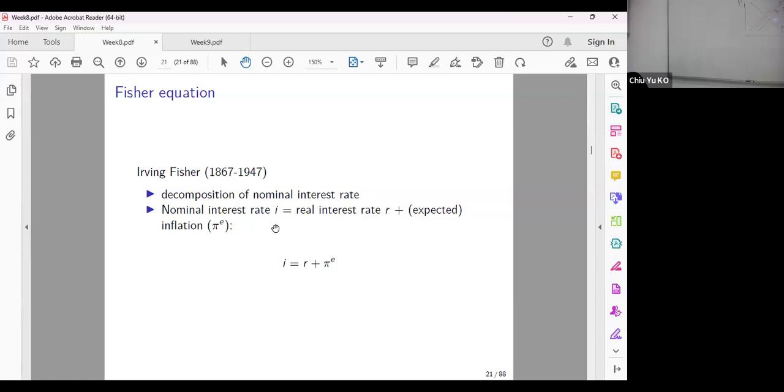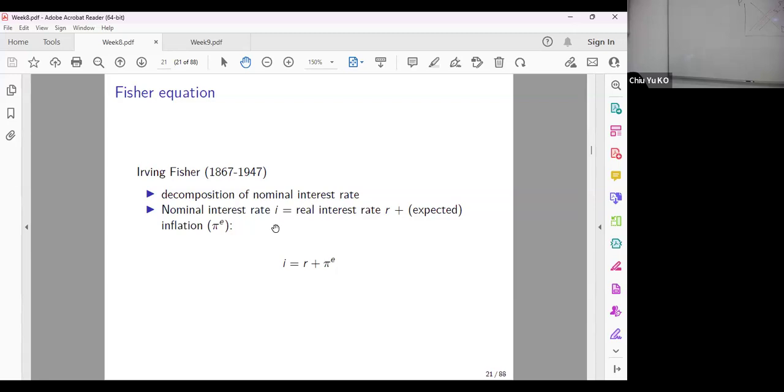Why do we need this decomposition, right? Because look at the bond market, right? We look at why it moved. It can be due to real interest rate changes and changes in inflation, right? If you expect the government to print more money, or they are printing more money, the inflation, pi, will be high.